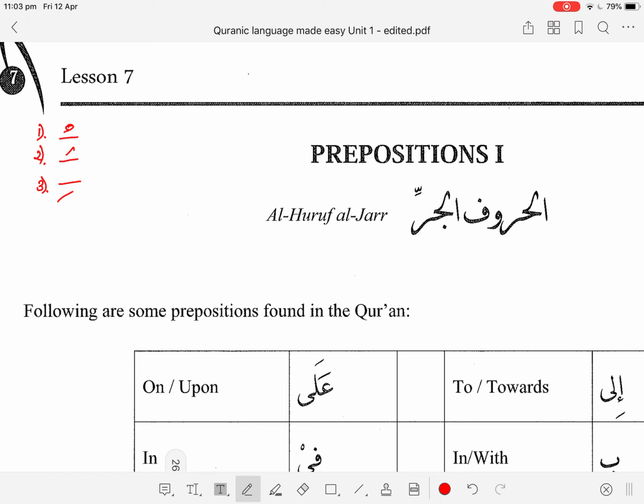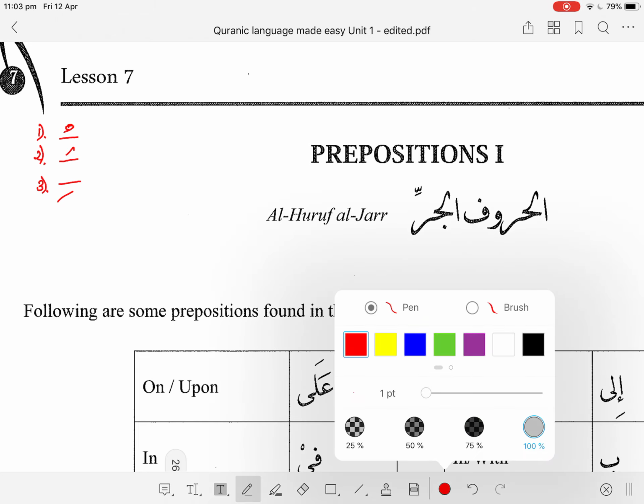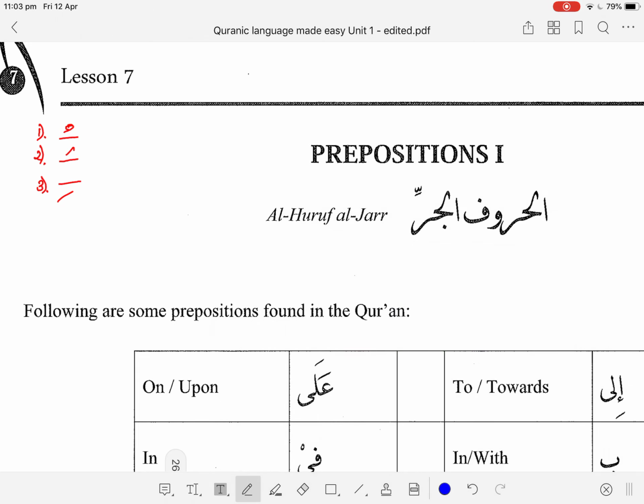But it's one of the three things. And in general, the general principle is that when there is a dhamma on the top, it is essentially saying that this is a subjective case. So the word is actually being used in the subject state.